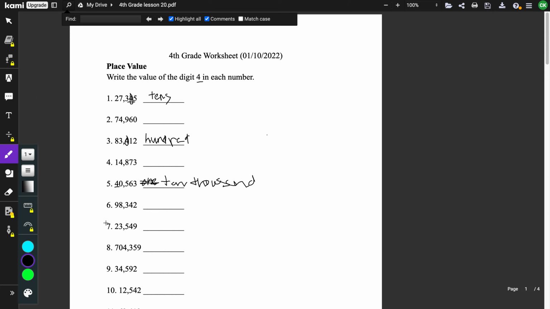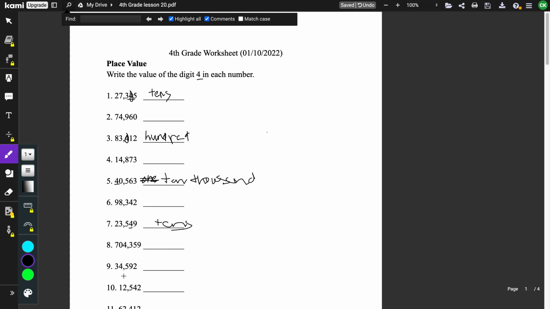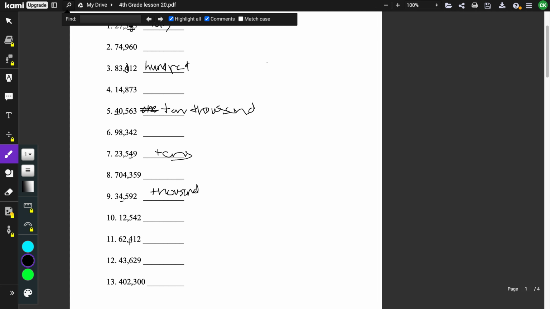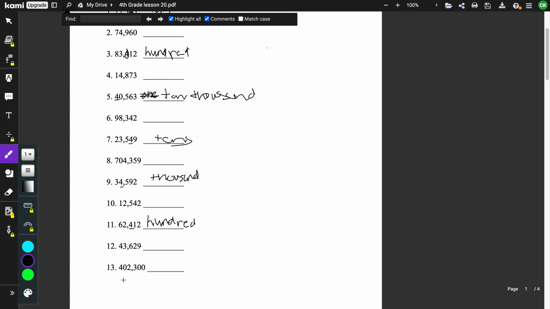And then we also see that for number 7, 4 is in the tens place. For number 9, we see that 4 is in the 1,000s. In 11, 62,412, 4 is in the hundreds. We see that in 13, 4 is in the 100,000s.